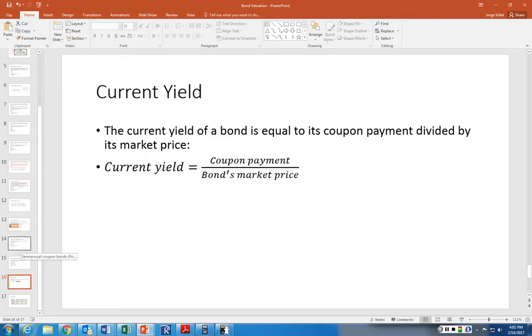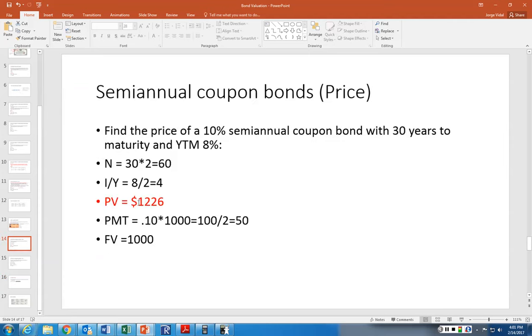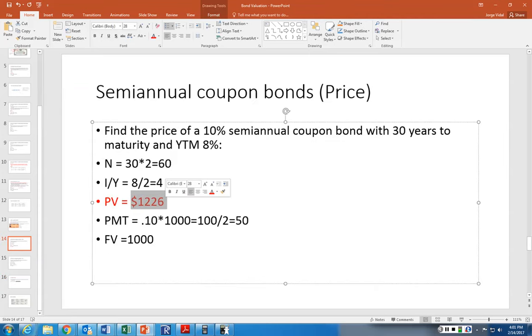So let's do this bond. We know that the market price is 1,226, and we know the coupon payment, and we do this on an annual basis, so it is 100. Do not use 50. Even for a semi-annual bond, you use the annual coupon.